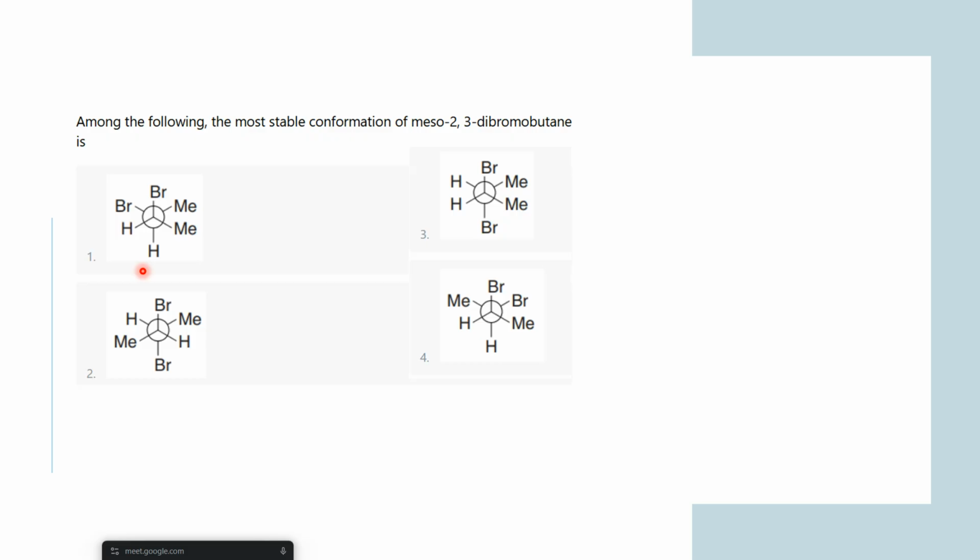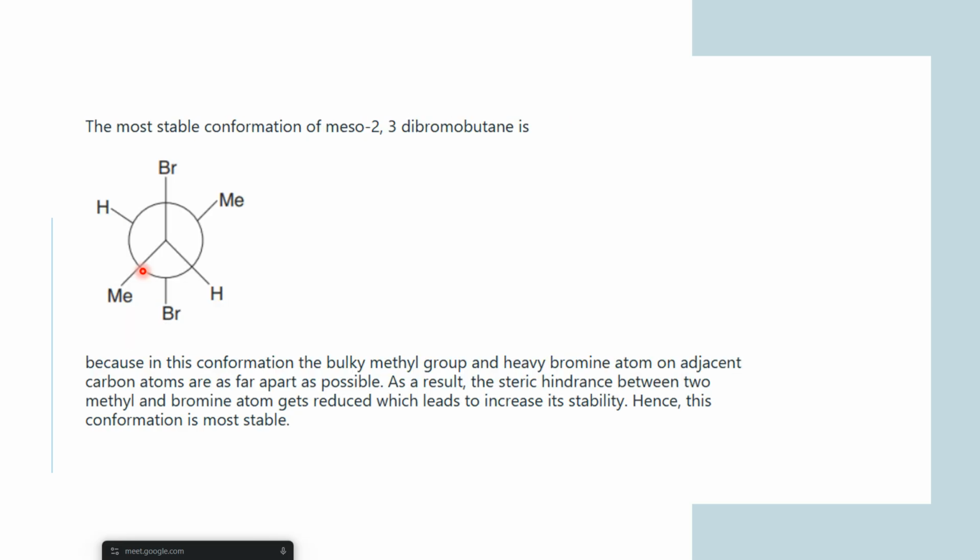Because otherwise, if we do not place them in anti fashion to each other, it can cause a very high amount of steric repulsion among themselves. Hence, this particular conformation will be the most stable one for meso 2,3-dibromobutane.